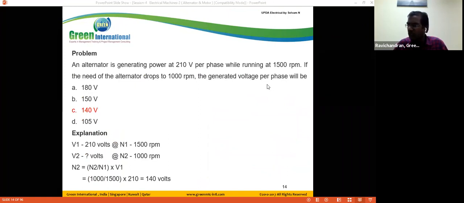Then the second question. The alternator is generating power at 210 volts per phase while running at 1500 RPM. Due to some reason, the alternator speed is reduced to 1000 RPM. What is the voltage?